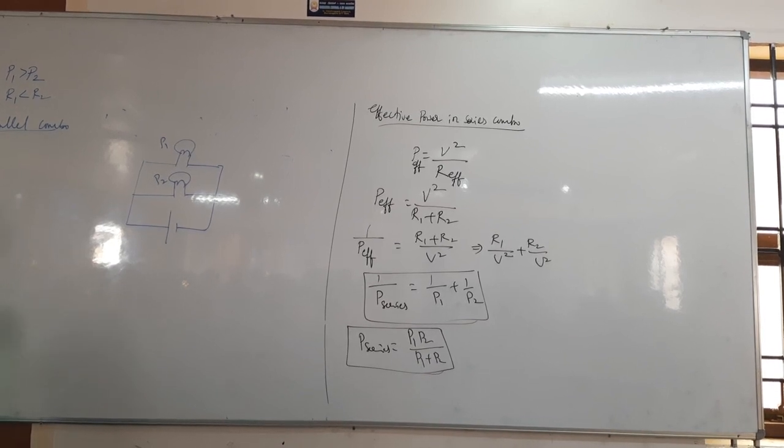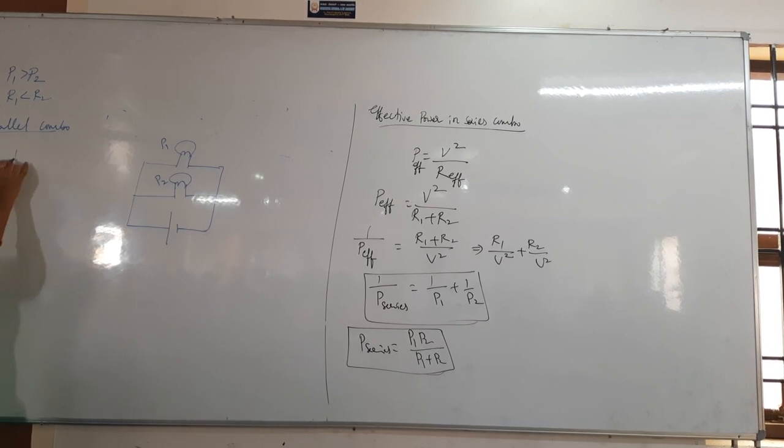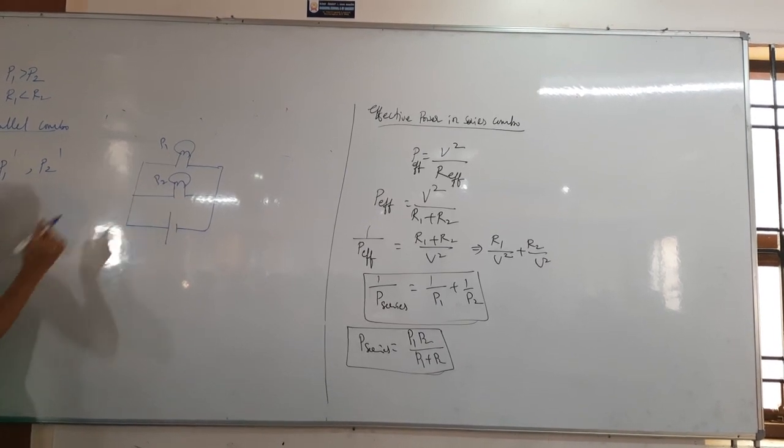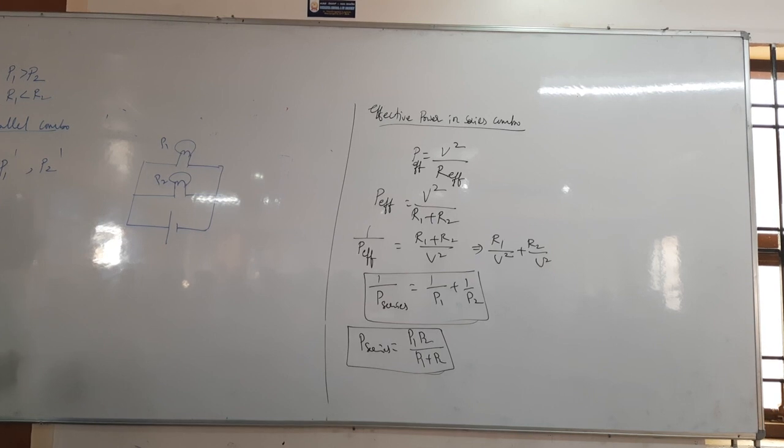Now I have connected them in the parallel combination. After connecting in parallel, I got the power consumption as P1 dash and P2 dash. P1 dash is the power consumption in the first bulb and P2 dash is the power consumption in the second bulb. Now I want the relation with the resistance.